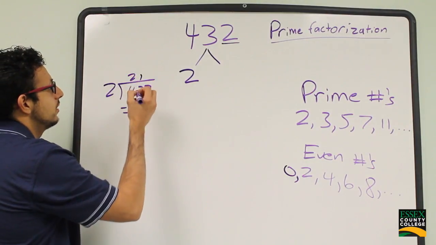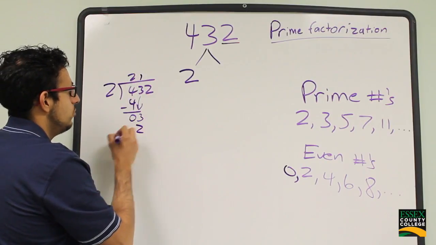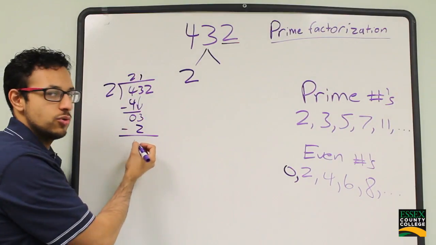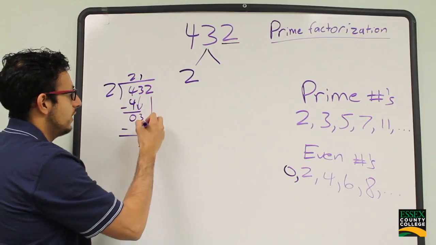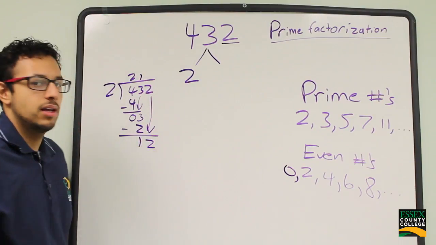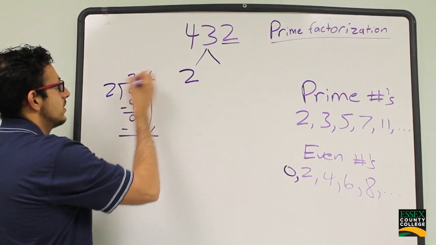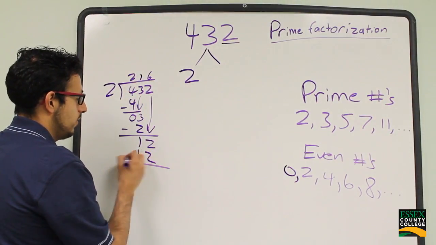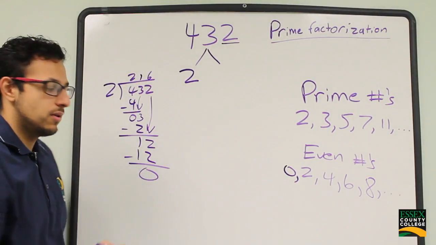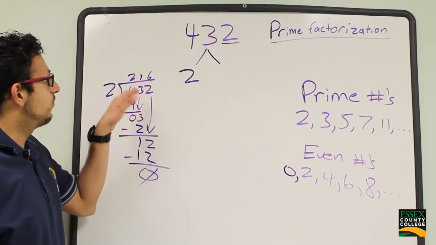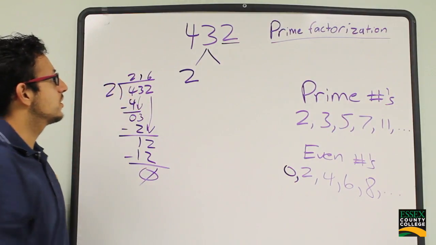Only once. 1 times 2 is 2, subtract, 3 minus 2 is 1, bring down the 2. Now how many times does 2 go into 12? 6 times. 6 times 2 is 12. We subtract and get 0. So there's no remainder, and 432 divided by 2 is 216.